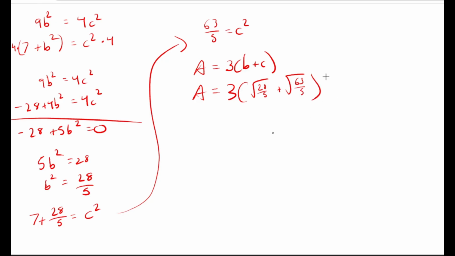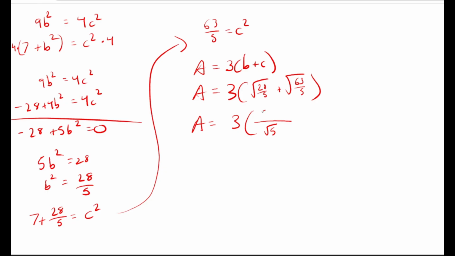Okay, what do you do from here though? Well, we have a common denominator of root 5. So we know it's going to be all over root 5. 28, if you turn it into a mixed radical, it becomes 2 root 7. 63 becomes 3 root 7.